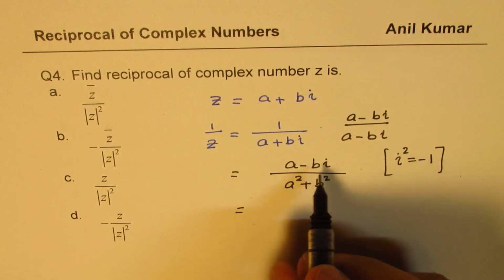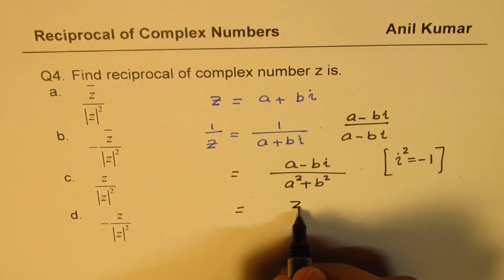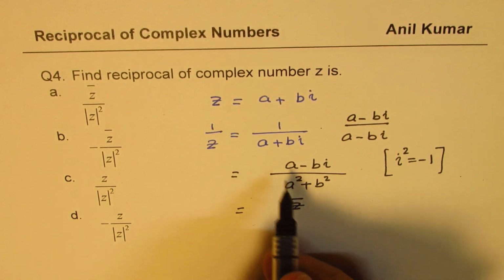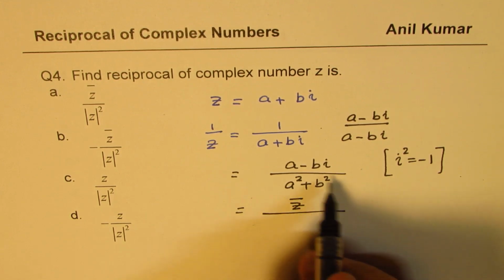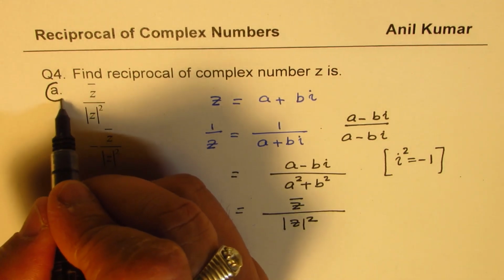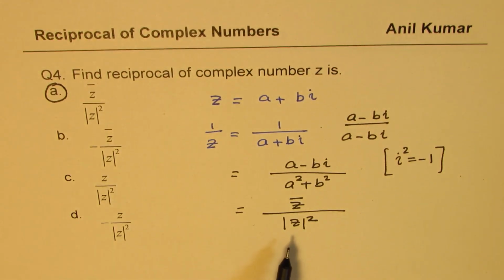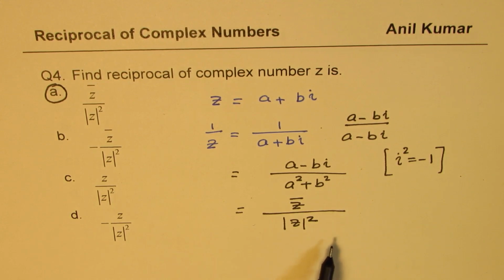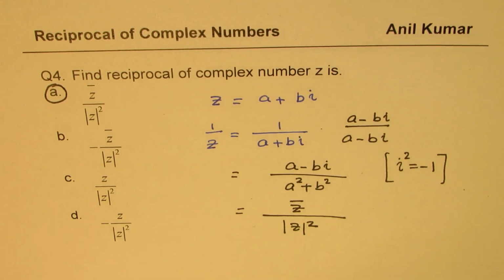So what does that give you? a minus bi is basically the conjugate of your complex number, and this is the magnitude, right? So that becomes the formula for writing a reciprocal, right? So if you know the formula, you can straight away write down the answer. Perfect. So denominator is the square of the absolute value of the magnitude basically.